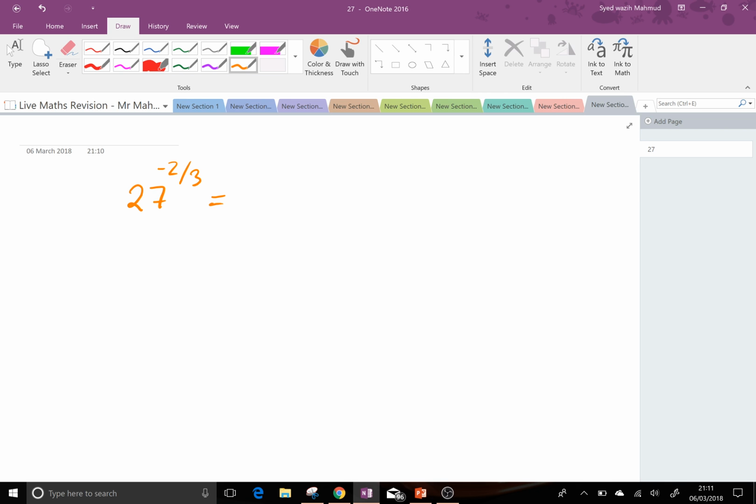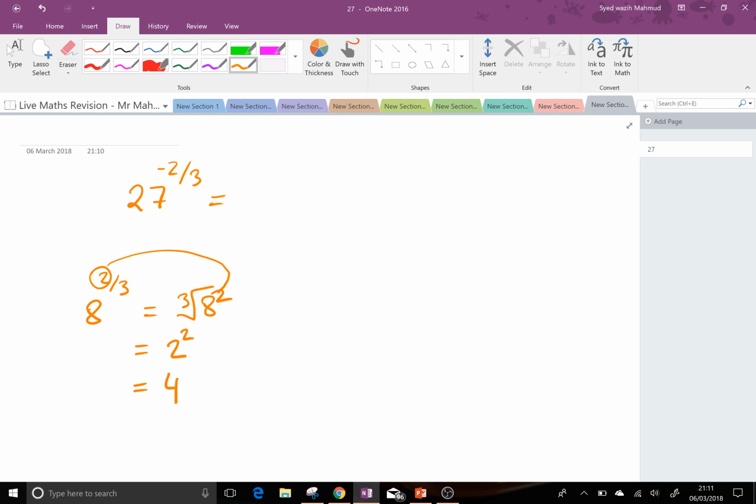So for example, if we have 8 to the power of 2 over 3, the 3 at the denominator in the power will go as a cube root of 8, and the 2 here is going to go outside as a power. So let's do cube root of 8 first. Cube root of 8 is 2, because 2 times 2 times 2 is 8. So it'll be 2, and we still have the power out there, which is 2 squared, which is 4.